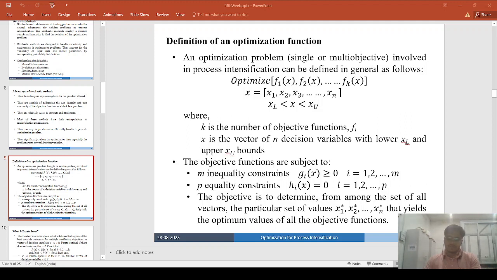Because in the case of a single objective function optimization problem, you were getting a single solution, but in case of a multi-objective optimization problem, you might get a set of optimal solutions, some of which may not even be feasible, and some of which would represent certain trade-offs between different objective functions.